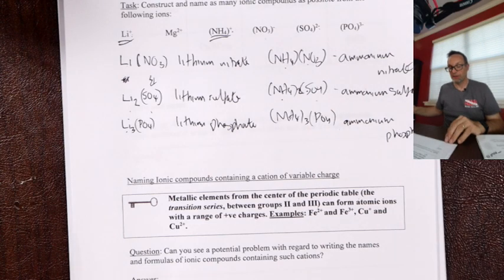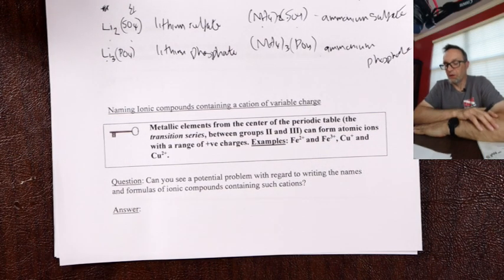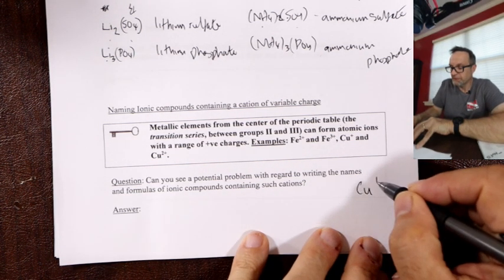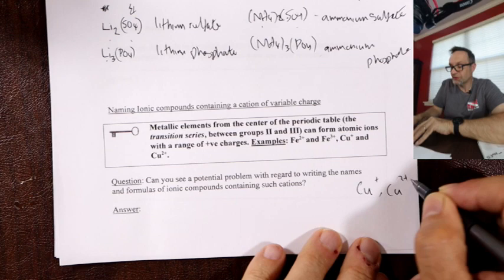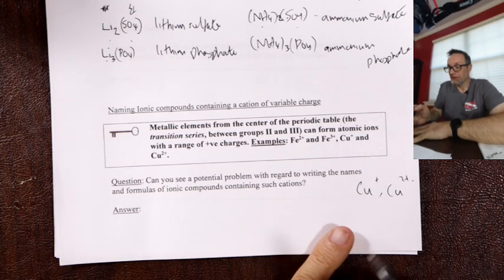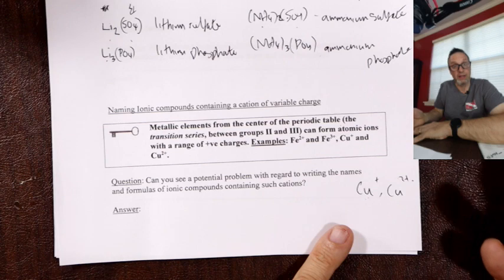All right. Okay, now do you see a potential problem? If I said to you, what was the formula of something like copper chloride, right? Okay, and remember, copper comes in a plus 1 or a plus 2, right? So if I said to you what was copper chloride, remember chloride's a minus ion, you'd actually get 2 answers, wouldn't you? You'd have copper with the plus 1 inside and copper with the plus 2 inside. So it'd be CuCl, right?